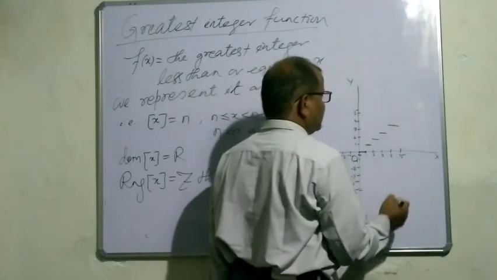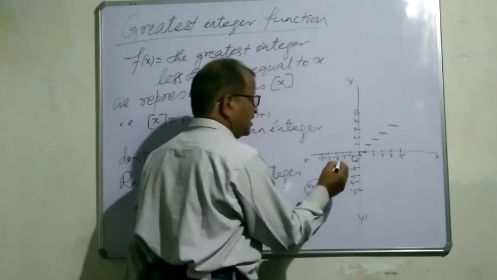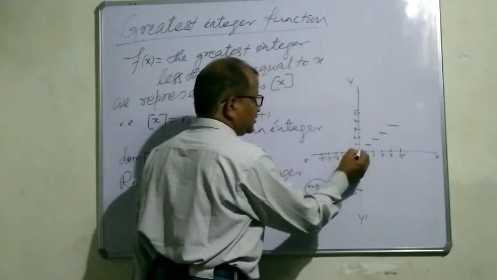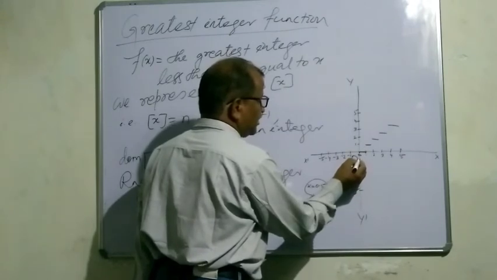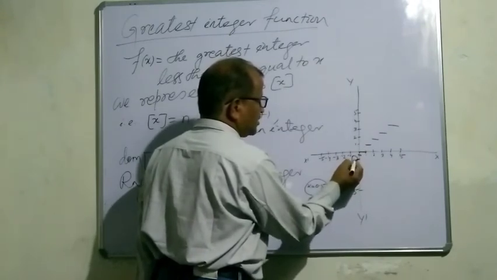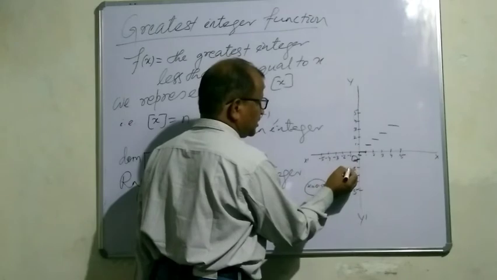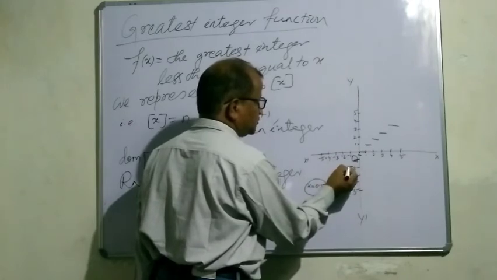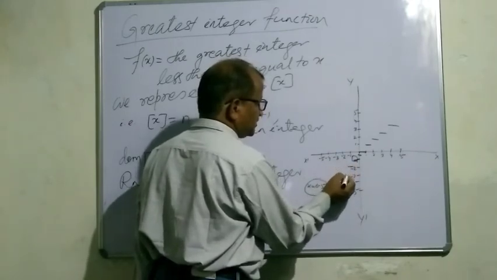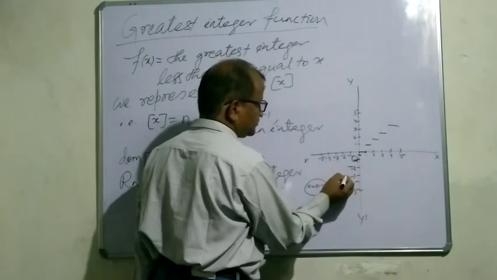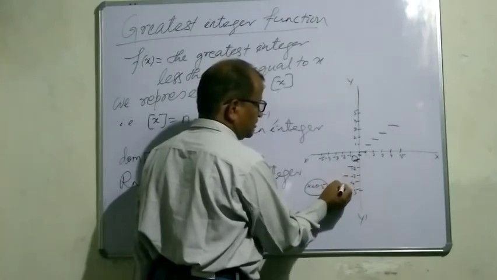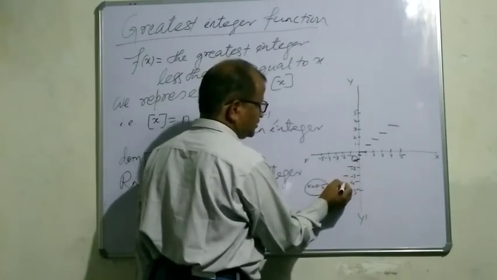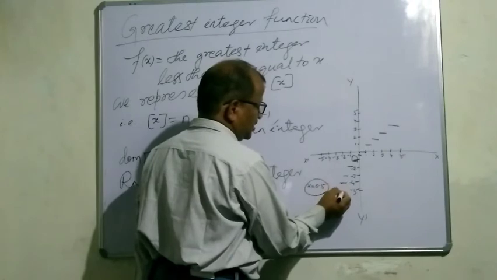Up to 5. Like this. Similarly, when x lies between -1 and 0, the value will be -1. Between -2 and -1, it is -2. Between -3 and -2, it is -3. Then between -4 and -3, it is -4. And then -5.